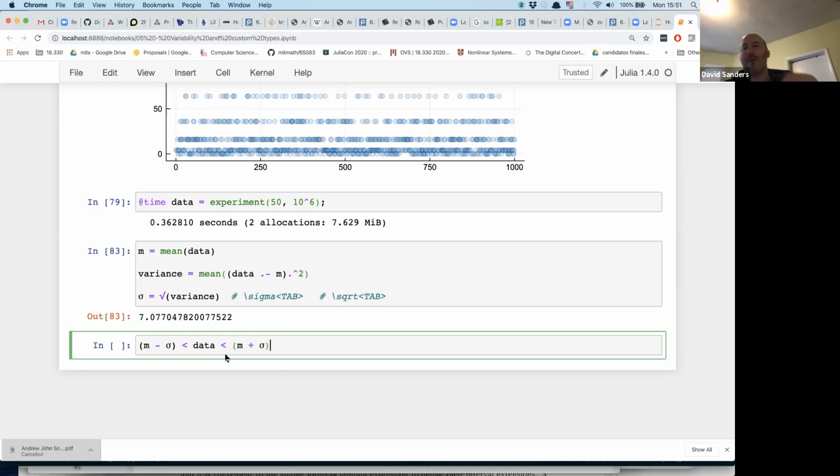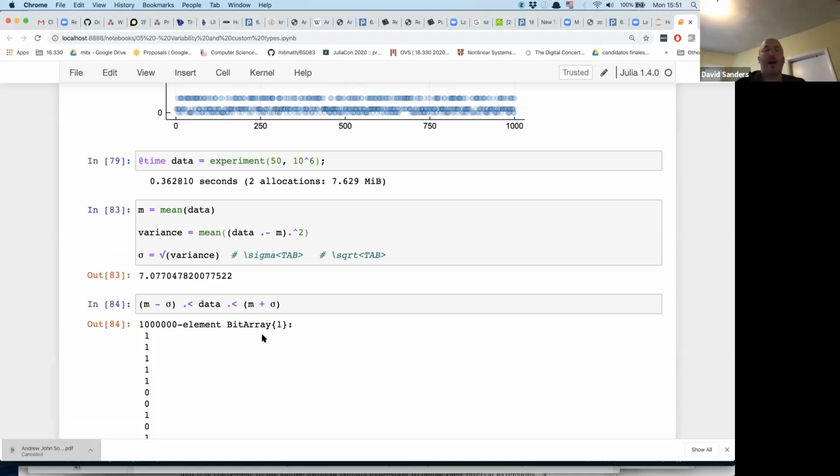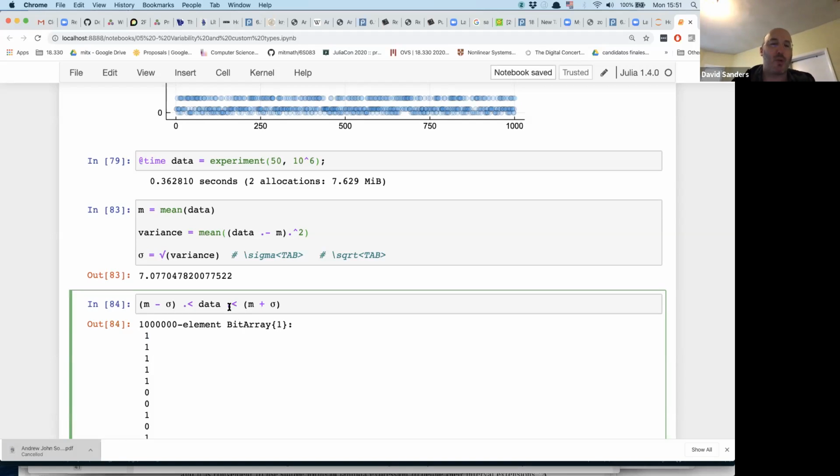And now I want to do that for every element of the data. So again, I can put dot, a dot less than, and dot less than here. And so that gives me now a vector of all of the elements which are between that value and that value. So by the way, if you don't like these dots, of course, you can just do an array comprehension, right? So you can just do m minus sigma less than x less than this for x in data.